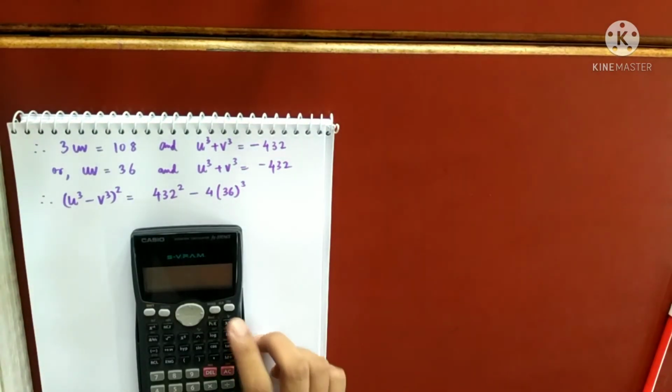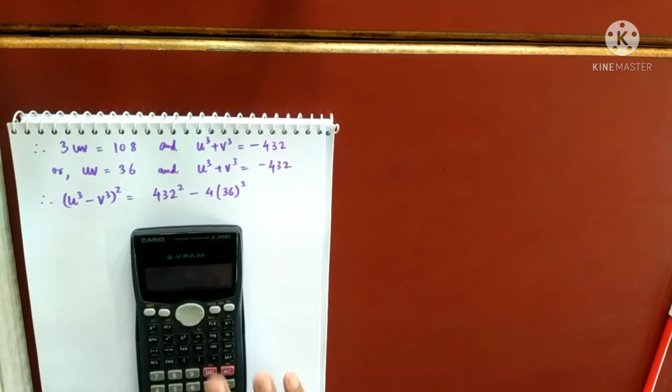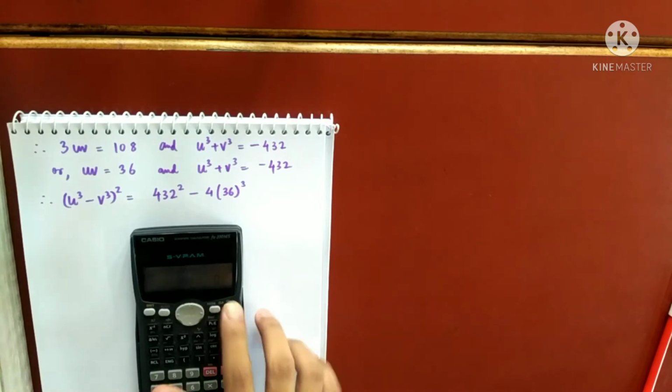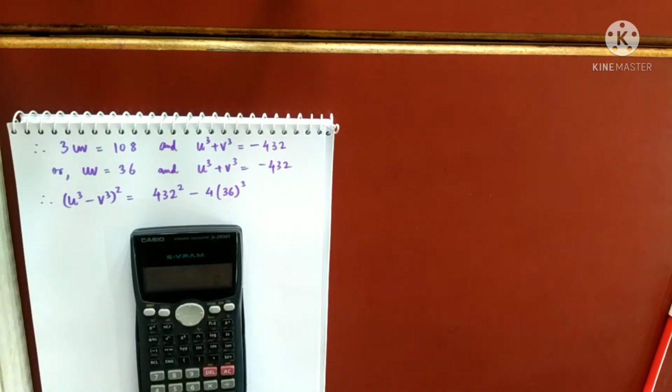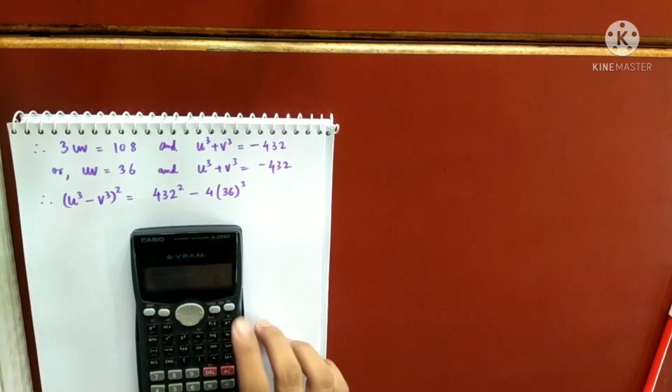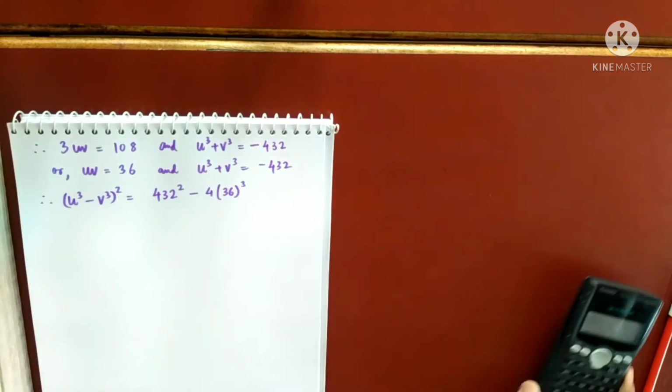If I compute 432 square minus 4 into 36 cube, I am getting 0. Will it be 0? I guess so. I still have to check once. Yes, it is coming as 0.